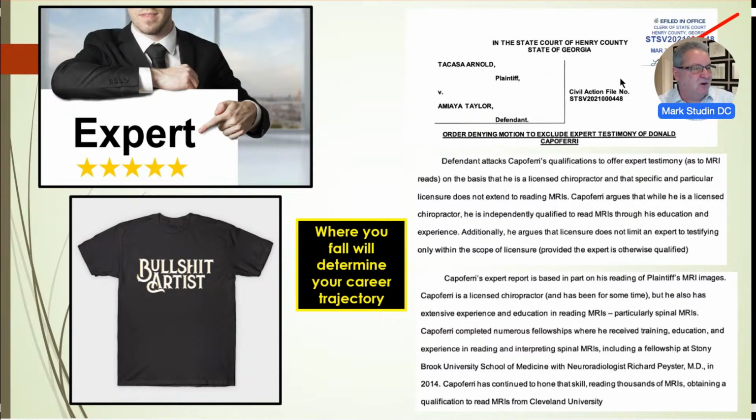In the state of Georgia, an attorney, when he went to court, tried to get this doctor knocked out of the box because he's only a chiropractor. All he's qualified to do is exam, x-rays, and adjustment. That's it. And he actually prevailed on this motion.